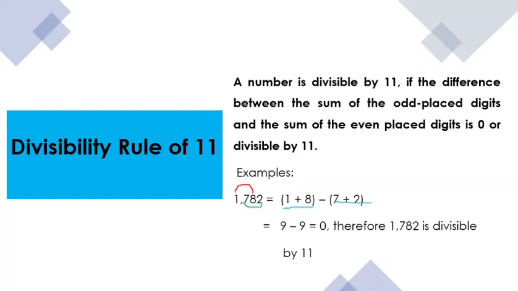Now, let us subtract the sum of the odd place digits and the sum of the even place digits. 9 minus 9, the difference is 0. Therefore, 1,782 is divisible by 11.